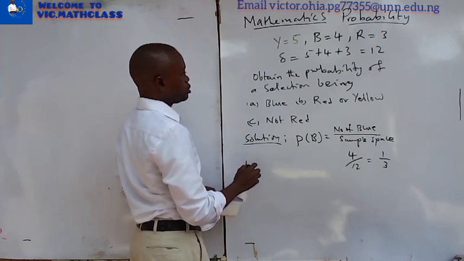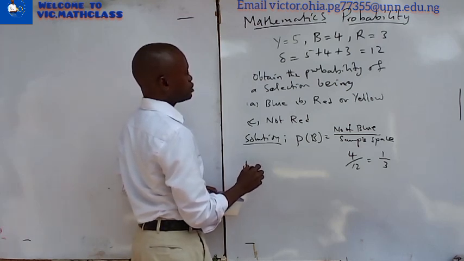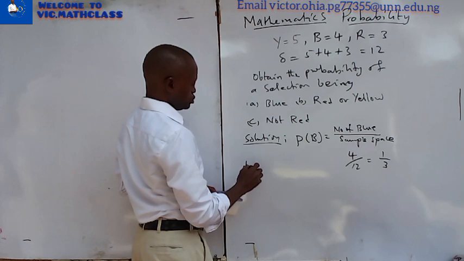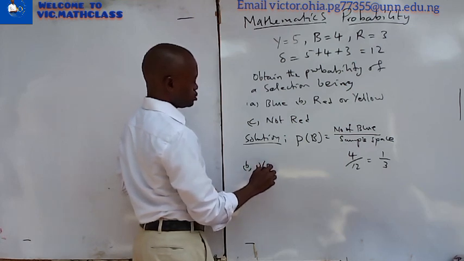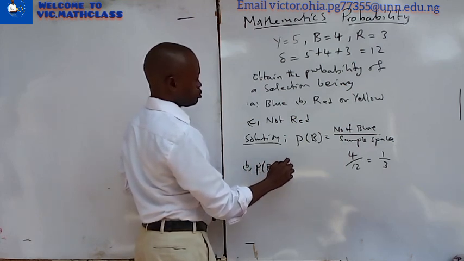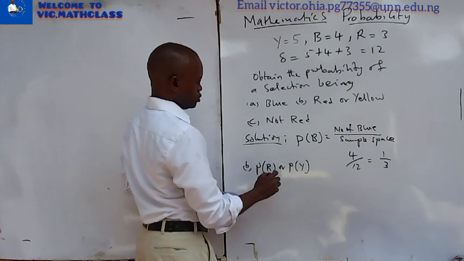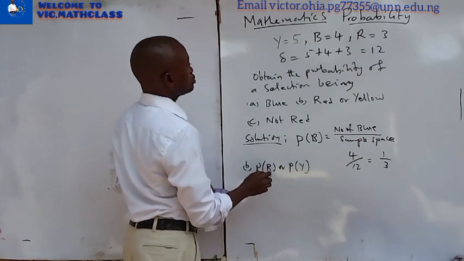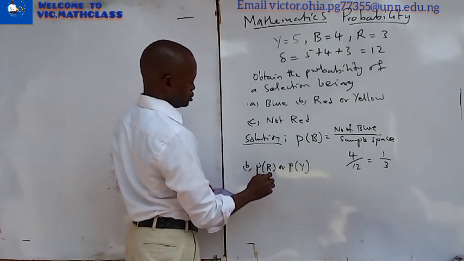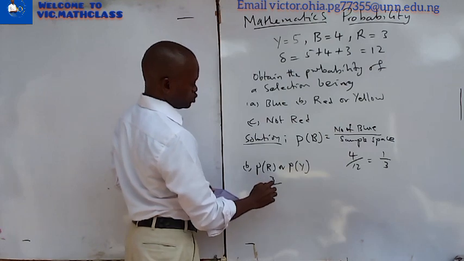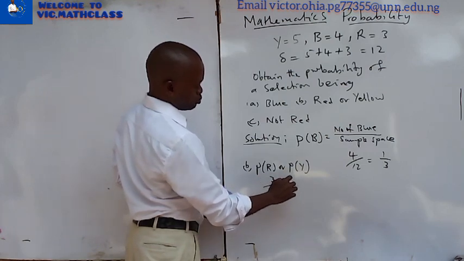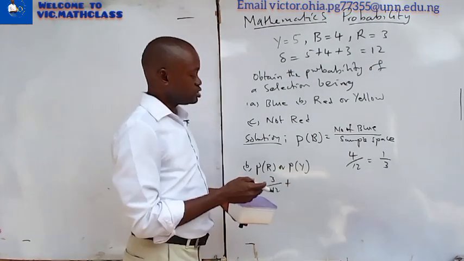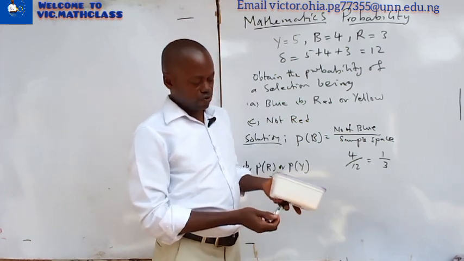B, red or yellow. So the probability of red or probability of yellow will be, of course, the number of red, which is 3, over the sample space, which is 12. Then plus, we are adding because these are mutually exclusive events.